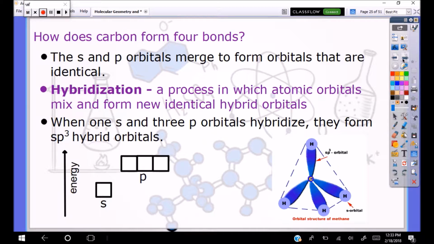So my question is, how does carbon form four bonds? Well, we know carbon forms four bonds because the s and the p orbitals merge to form orbitals that are identical.